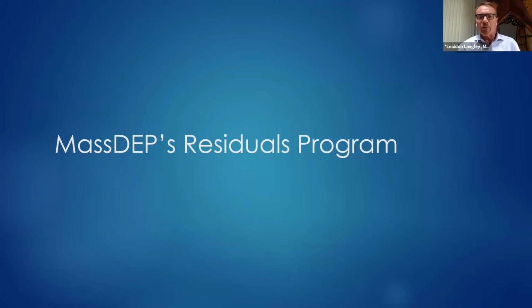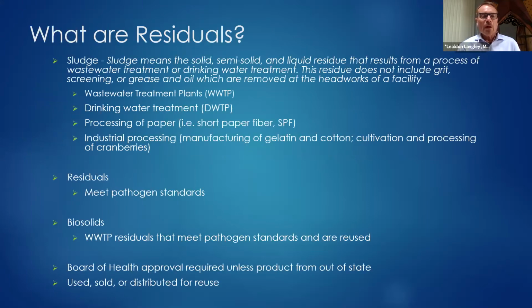I'm going to give you a little bit of an overview of the residuals program. Residuals is a broad term, and we'll use multiple terms in the discussions that we have. The definition that we've taken from the regulations says that sludge means the solid, semi-solid, and liquid residue that results from a process of wastewater treatment or drinking water treatment.